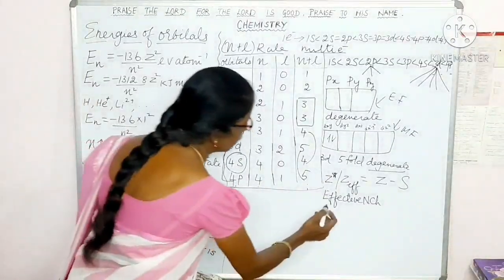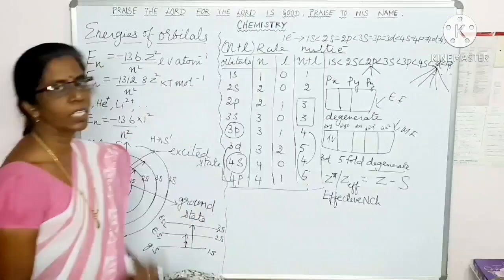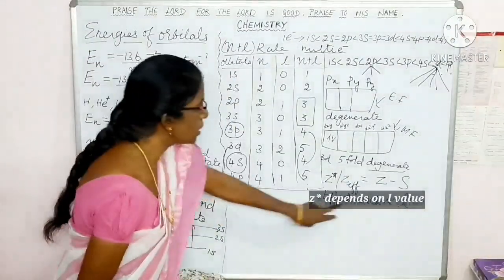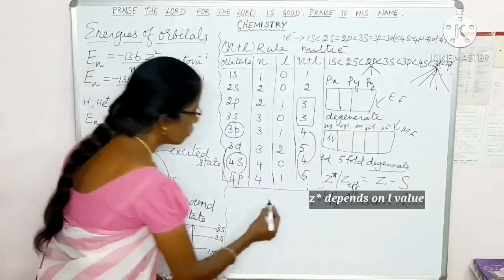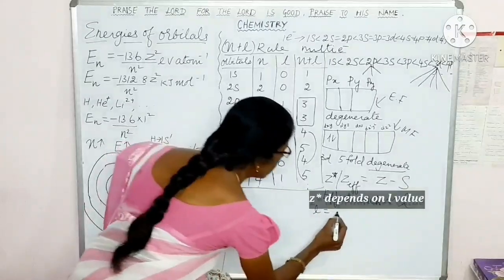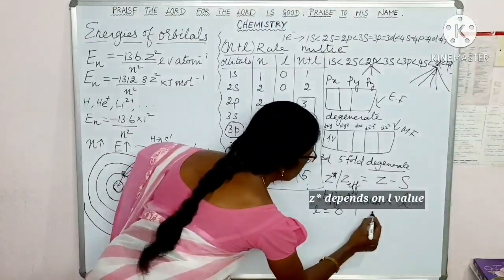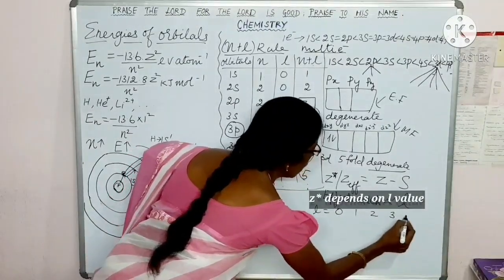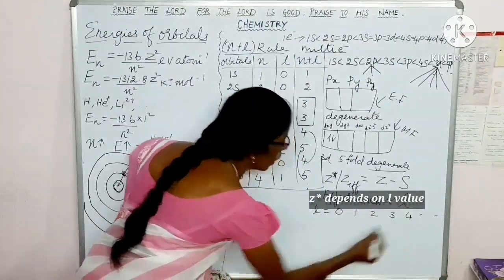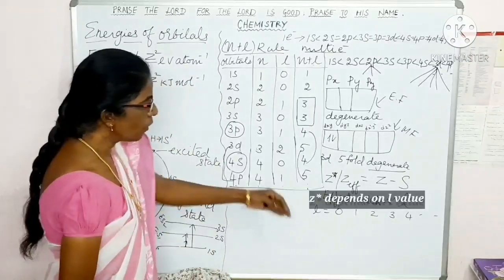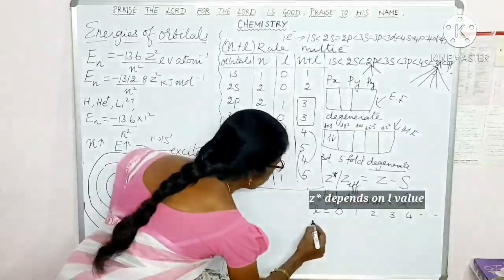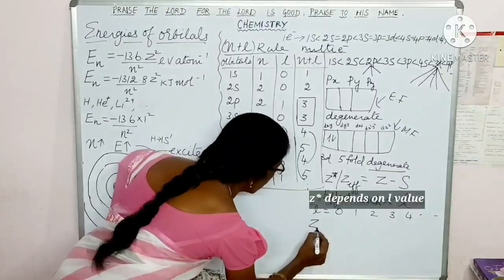Here, this effective nuclear charge depends on the azimuthal quantum number. Okay, effective nuclear charge depends on the L value. So now I am going to write the L value. L is equal to 0, 1, 2, 3, 4, etc. As you increase the azimuthal quantum number, effective nuclear charge will decrease.